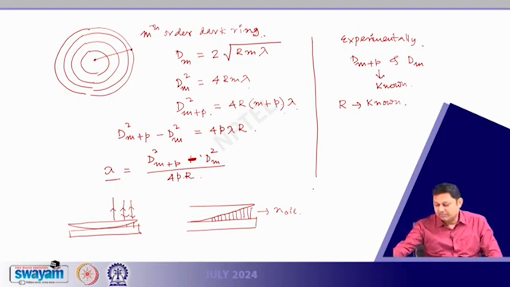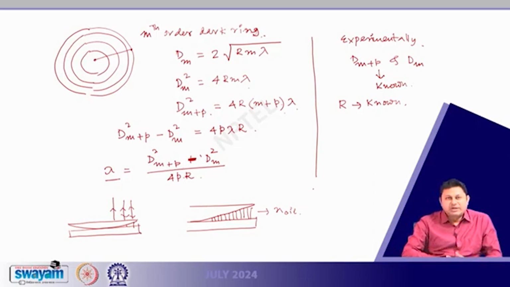Today I do not have that much time, so in the next class maybe I will do more calculation to show how these rings are formed and how the width of the ring changes with the order of these Newton's rings.